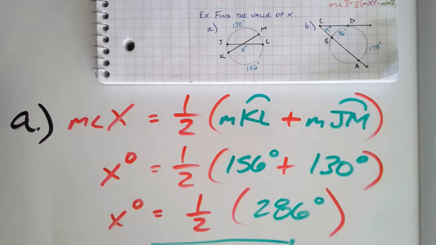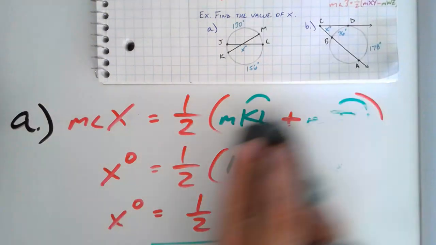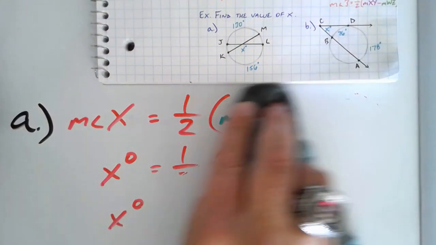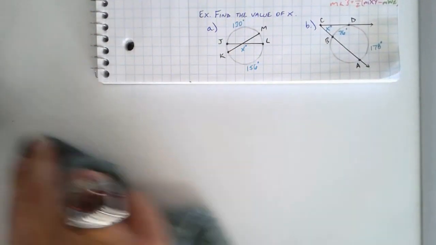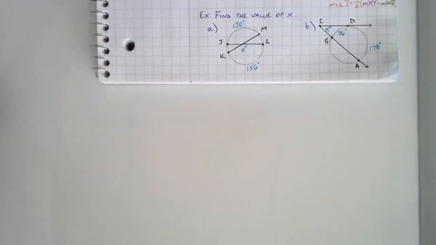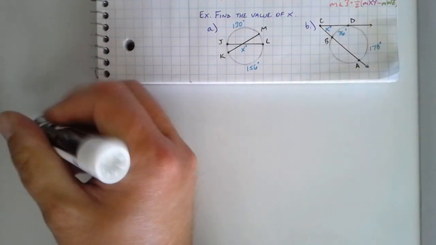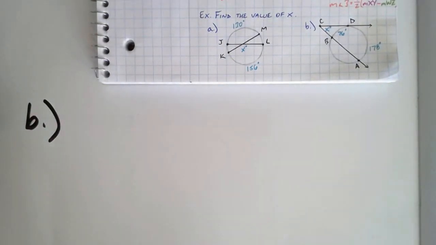For part B, now the angle is going to be outside of the circle itself. So fundamentally, that's going to change what formula I'm using. So for part B now, the angle is outside of the circle. It's going to start very similarly.